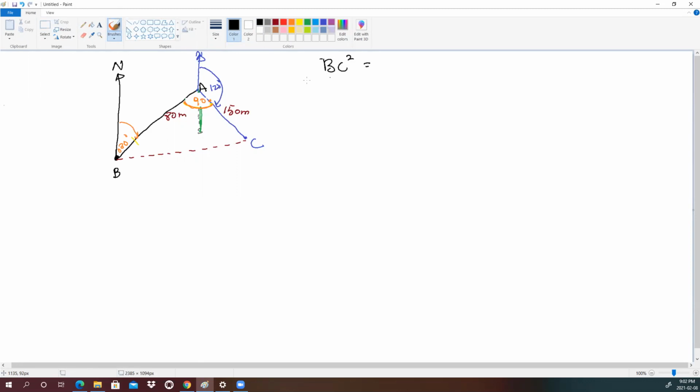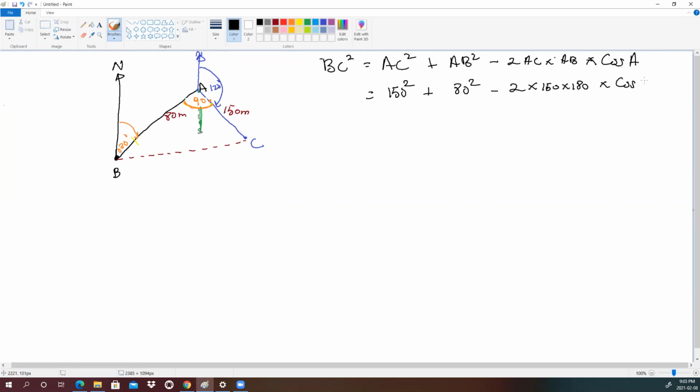So BC squared is equal to AC squared plus AB squared minus 2 times AC times AB times cosine of this angle here, which is angle A. So AC is 150, AB is 80, minus 2 times 150 times 80 times cosine 90.